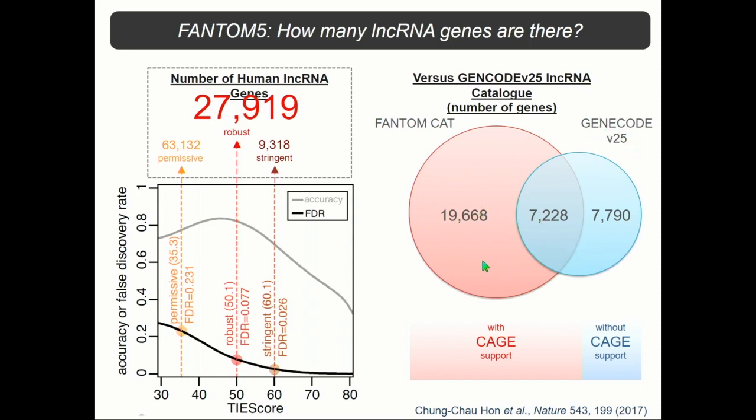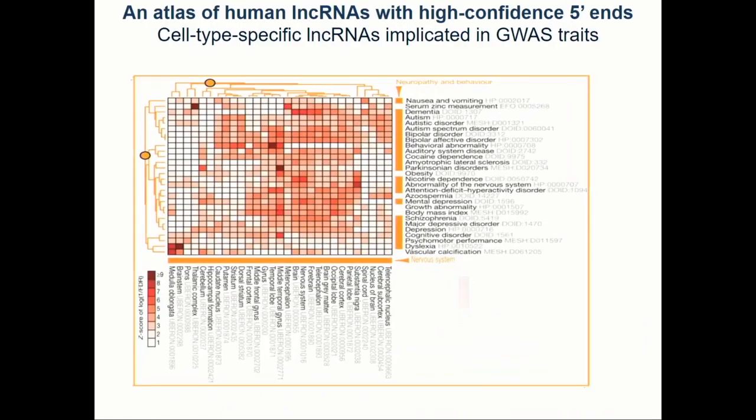In total it is about 20,000 novel non-coding RNAs. And in our opinion, and we are talking with GENCODE actually, there are 7,000, 8,000 GENCODE genes that need a better annotation at the 5' end or need some refinement. Actually, we are working with GENCODE at the moment to really integrate those analyses.